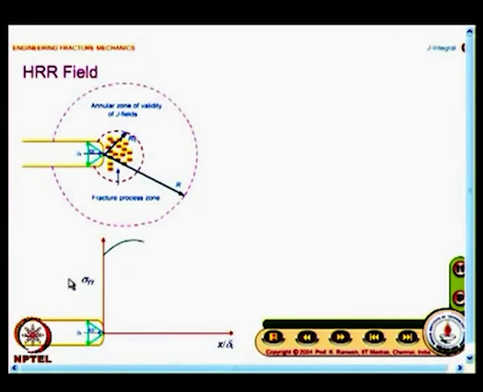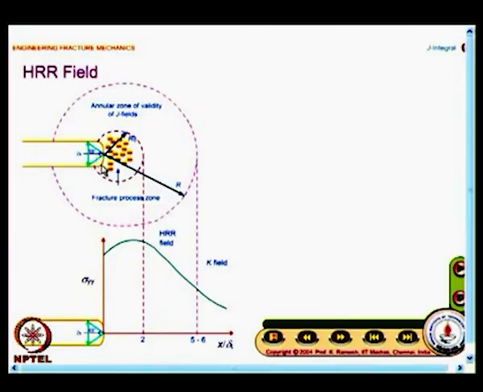How does sigma yy vary in this zone? Along the x axis you have x divided by delta t, so it is written in terms of the CTOD.